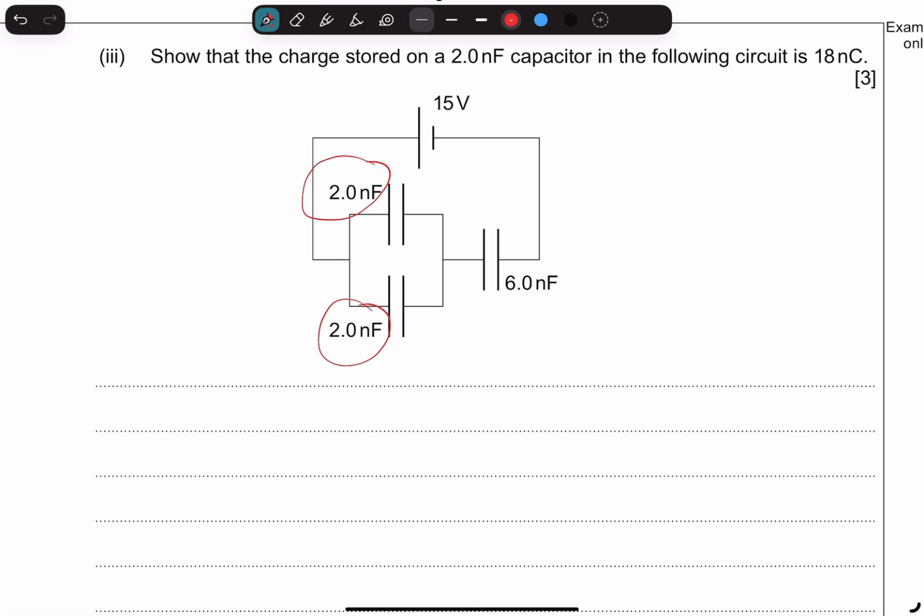To do this, we're first going to work out the charge flowing in the circuit, so we calculate the total charge flowing in this circuit. You can call it Q total, and the way to do that is to take the combined capacitance and multiply that by the voltage. The combined capacitance, we worked it out earlier, didn't we? It was 2.4 times 10 to the minus 9.